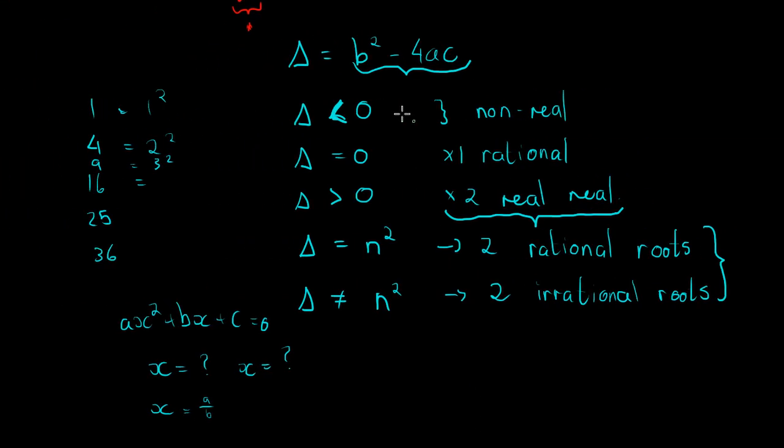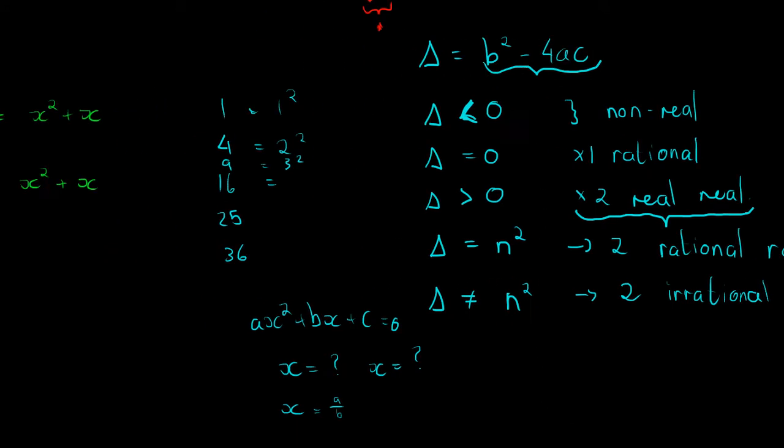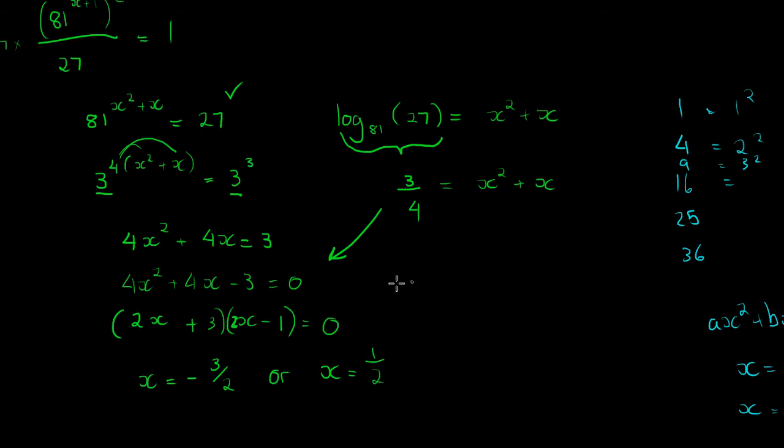Or the discriminant is not equal to a square, and so let's just test it here, for example. So here we get 16 minus 16 times negative 3.